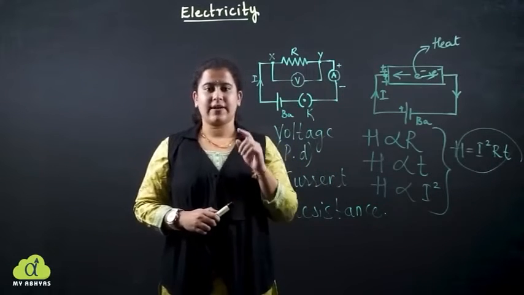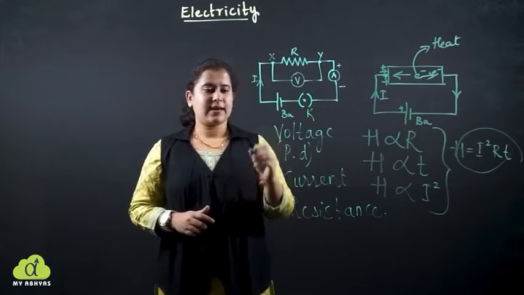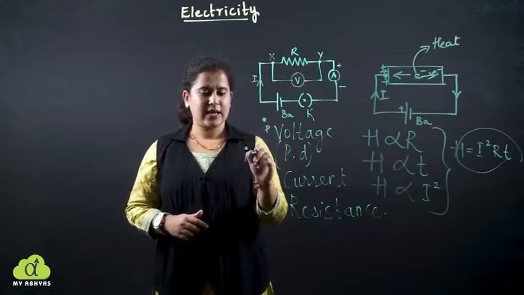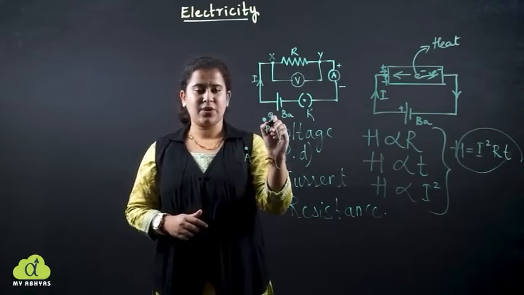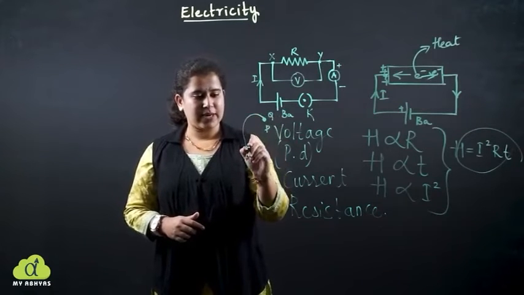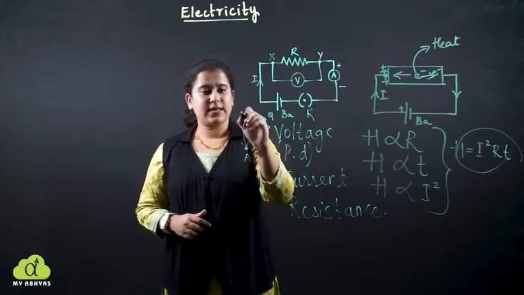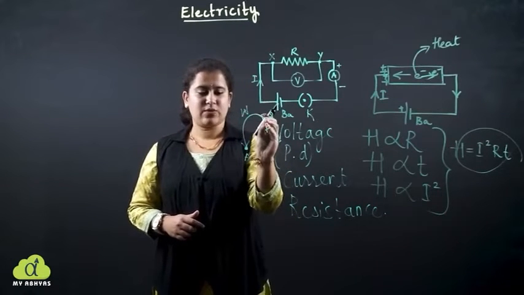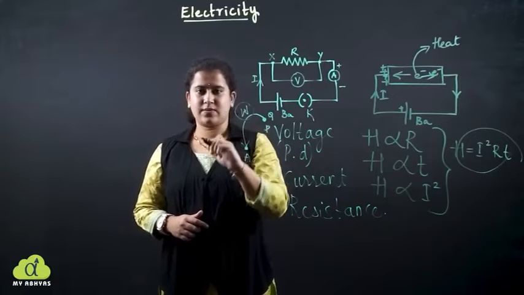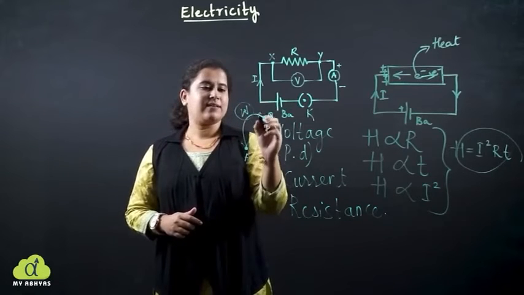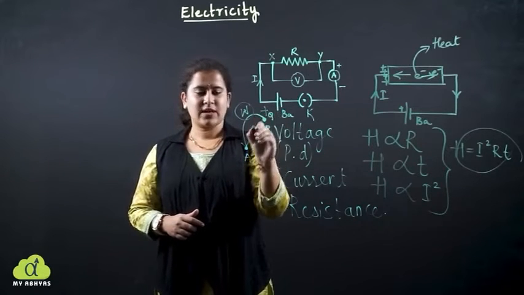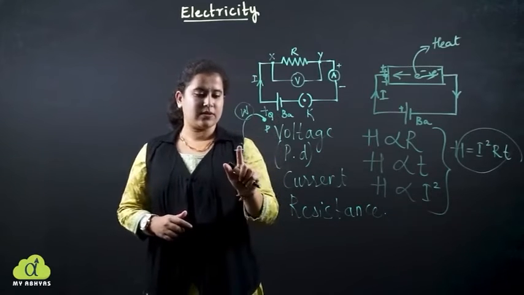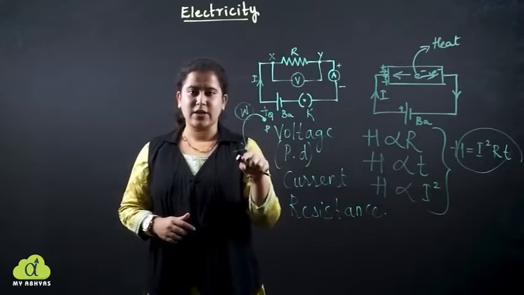I have given you the example here: if there is a point P, and I have to bring a charge Q near A, I have to bring this charge to point A. So for that, work has to be done. If the charge is positive and there is another charge here, I have to bring the positive charge to point A.